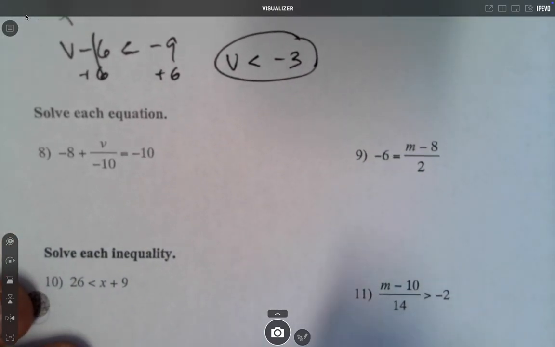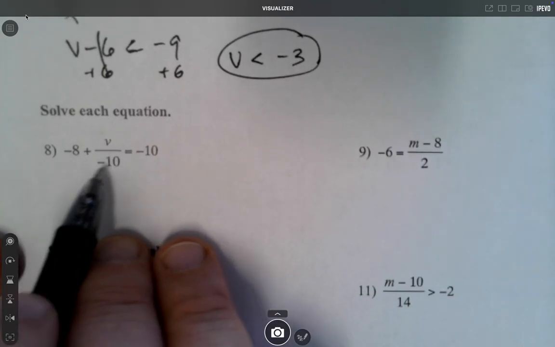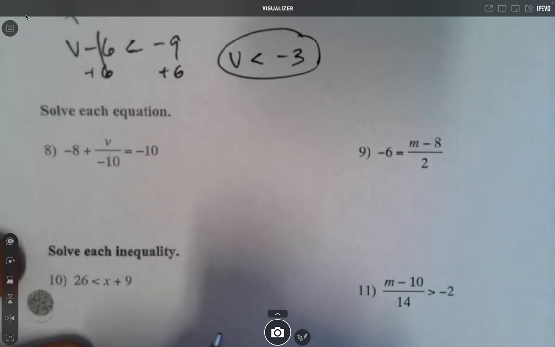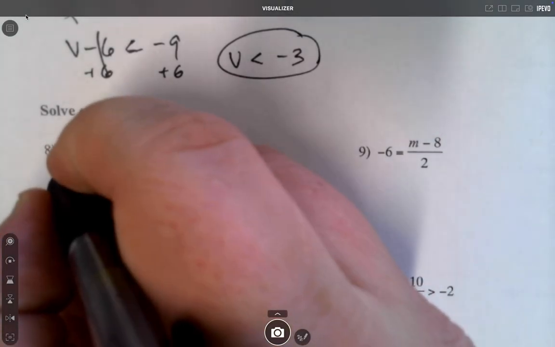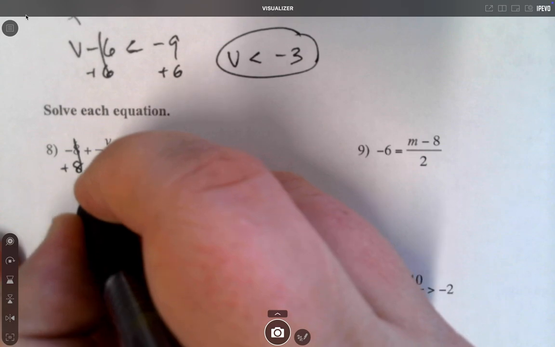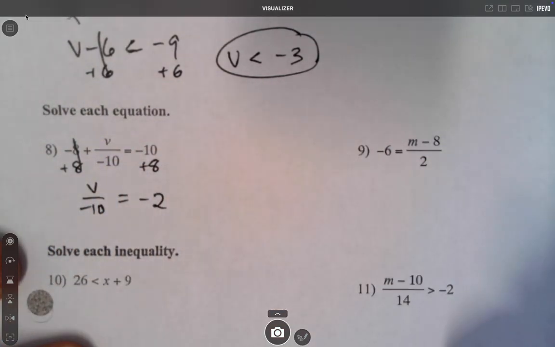Okay, number 8. So we have a constant, and I know this is division, not multiplication, but basically this works like a coefficient because it's connected to the variable. So we deal with the constant first. We add 8 to both sides. So that gives us v over negative 10 equals negative 2.